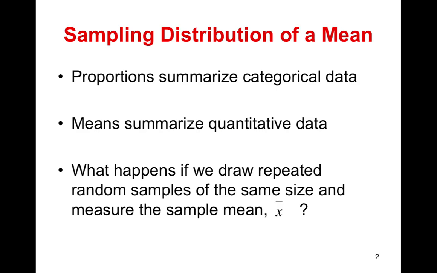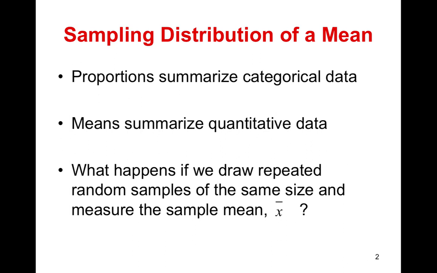In the previous section, we saw that provided the sample size was large enough, if you drew repeated random samples of the same size from a population and measured the sample proportion that we call p hat, the collection of all the sample proportions would pile up to form a normal distribution.